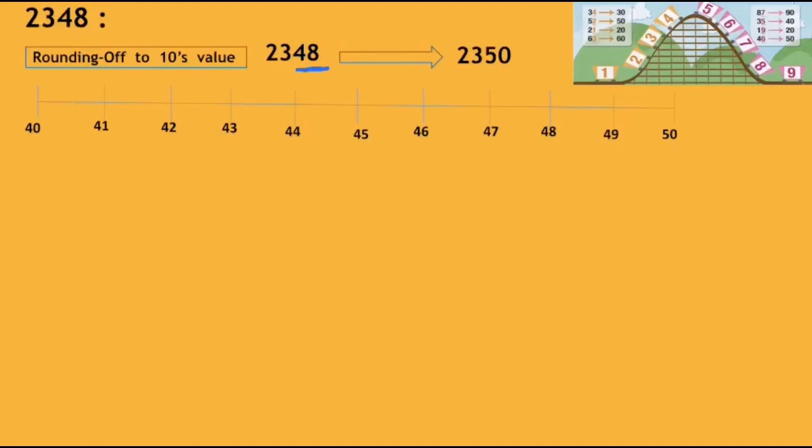That 48 will be placed between 40 and 50. 45 is the middle number, and this 48 will be placed between 45 and 50. So this 48 is nearer to 50. So we will round 48 to 50.